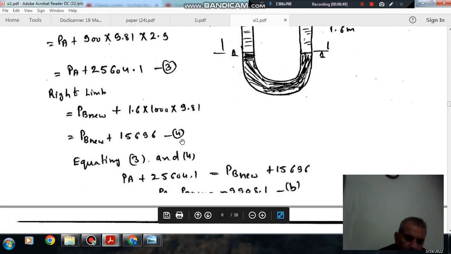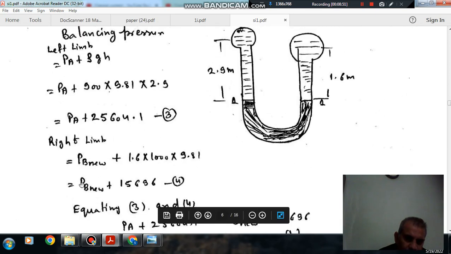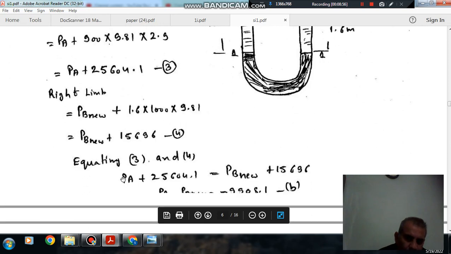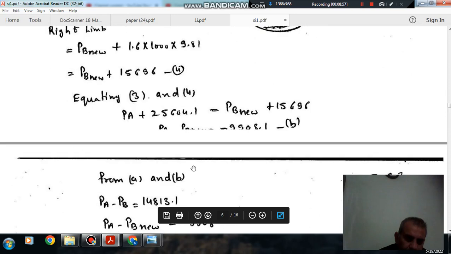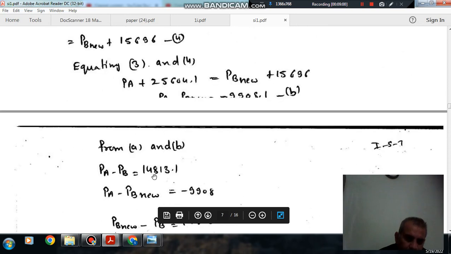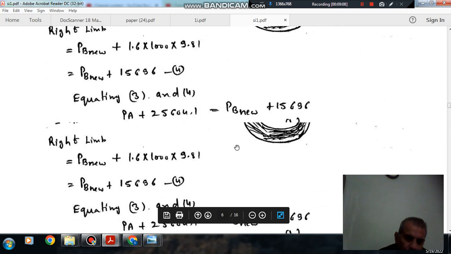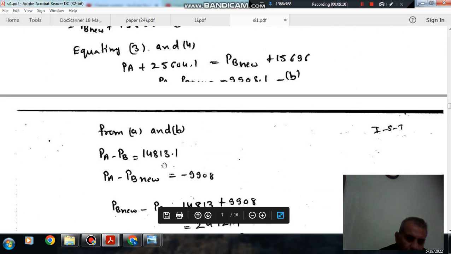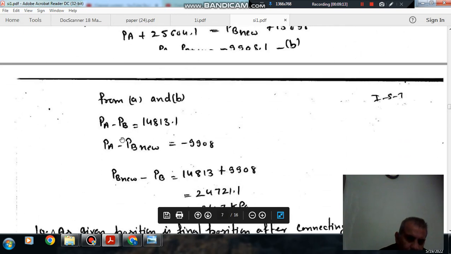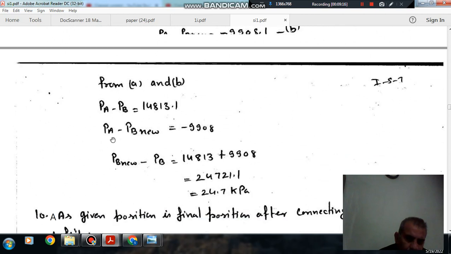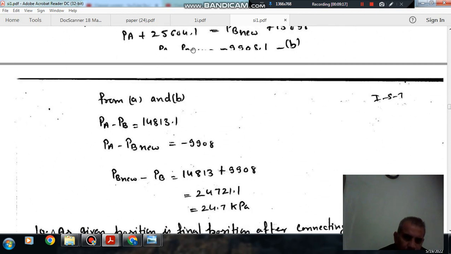This is the pressure on the right limb and this is the pressure on the left limb. Equating these two, we get PA minus PB as minus 9908.